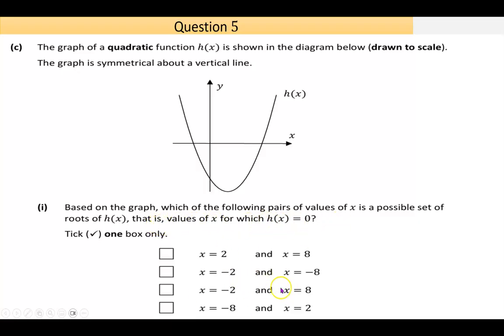Now, we'll worry about the numbers here in a second. There's an awful lot of terminology going on there. So the roots of something are where that pattern crosses the x-axis. That's all it means. Now they're being a bit more explicit. They're saying the values of x for which y is 0.